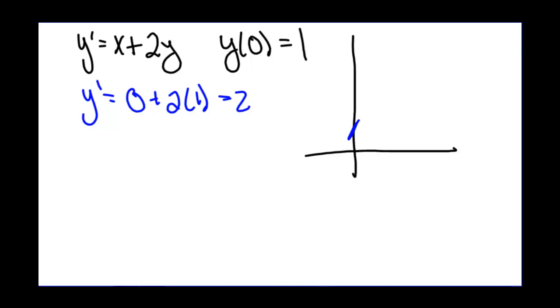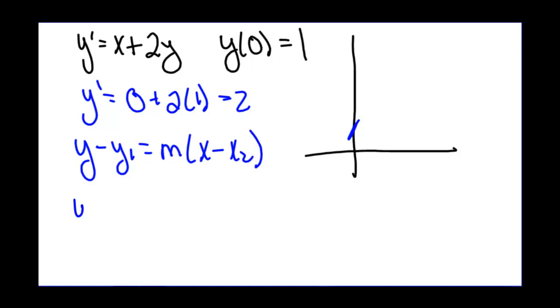So this line right here, the slope, can approximate the curve at that point. If we have a linear approximation, that means we're going to use our point-slope form: y minus y1 equals slope times x minus x1. Here y1 is 1, our slope is 2, and our x1 is 0.